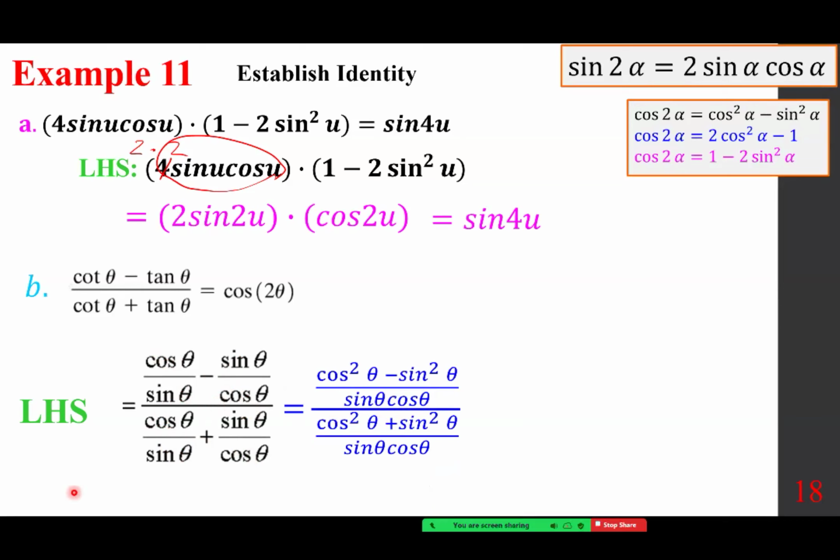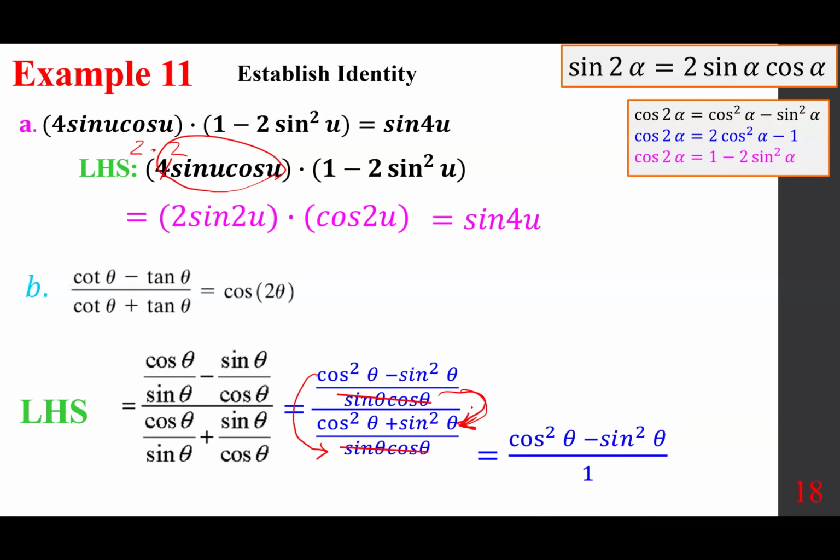The reason being, you multiply these two, you put them at top. You multiply these two, you put them at the bottom. And so you can drop and say you have cosine squared minus sine squared over cosine squared plus sine squared.